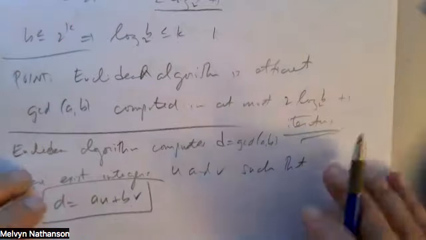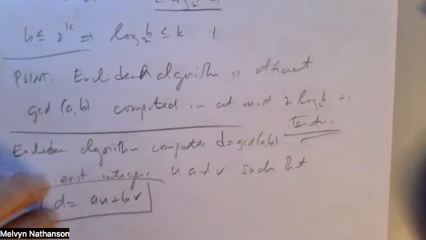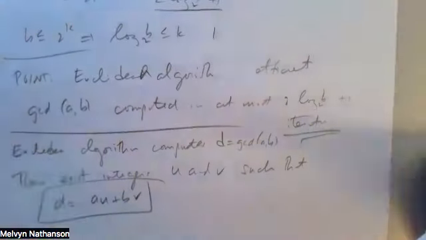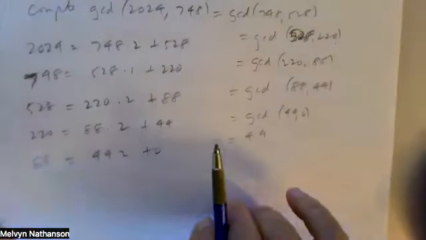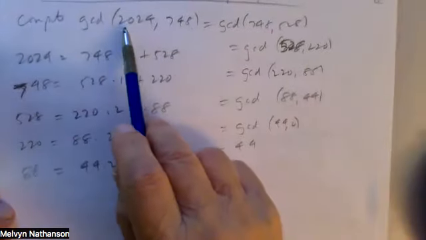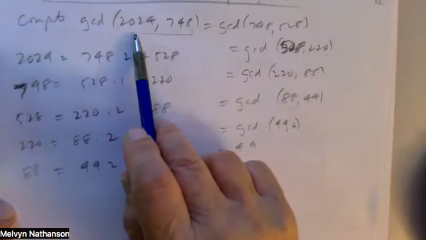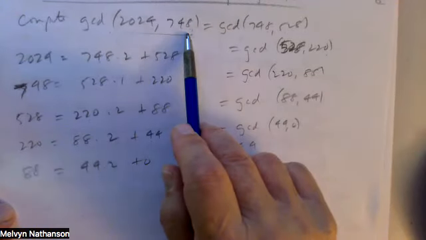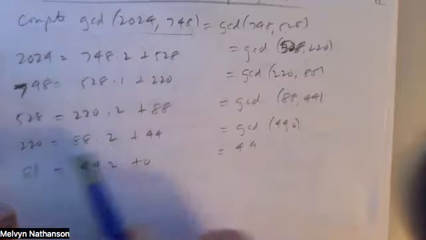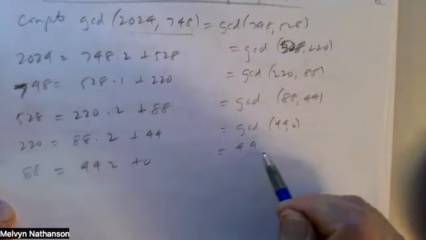So let's look at the example I had computed earlier. I wanted to compute the greatest common divisor of 2024 and 748, and this is what I got. The greatest common divisor is 44.